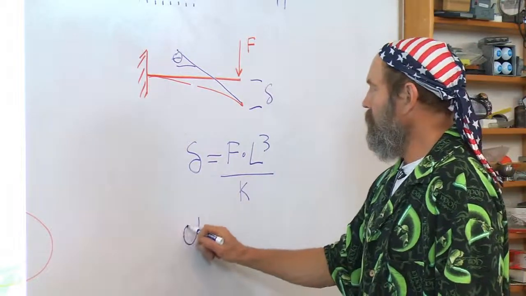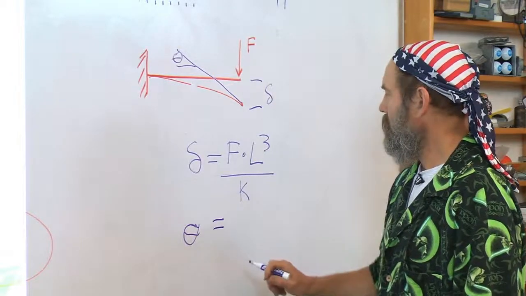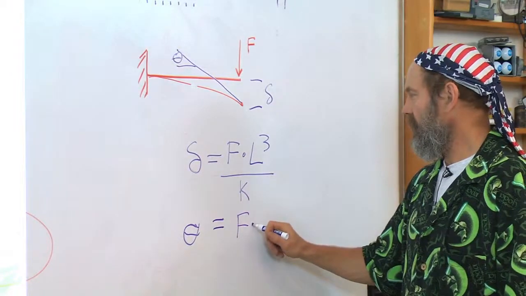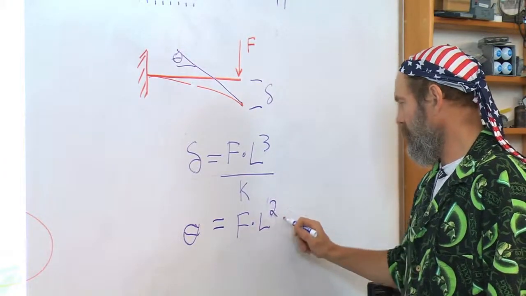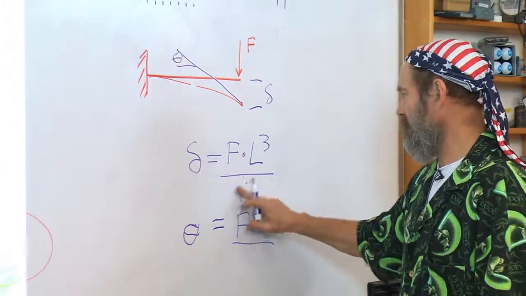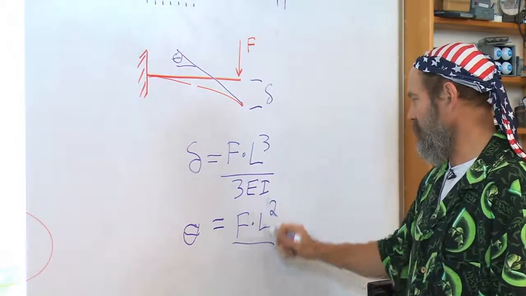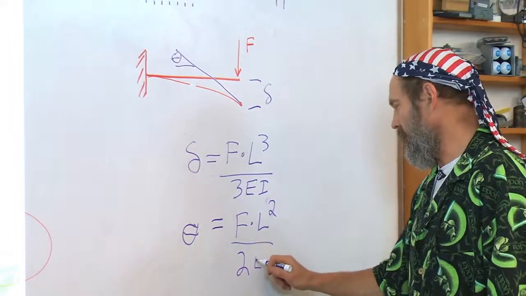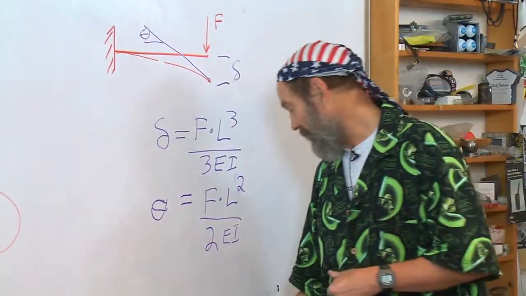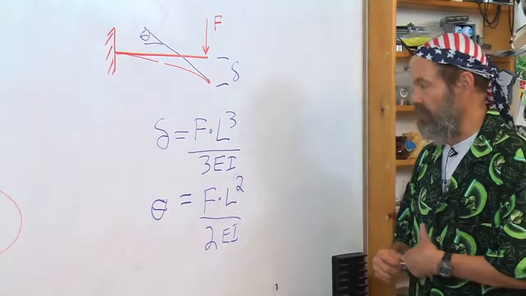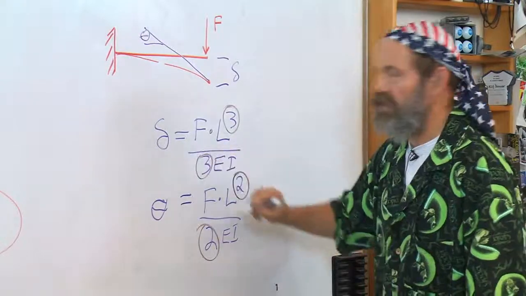The slope, theta, equals the force times the length squared over, actually let's give you the whole thing, 3 times the modulus of elasticity times the moment of inertia, 2 EI. This tells you there are more intelligent factors in the universe than your average Cocker Spaniel, because 2, 2, 3, 3. It's really beautiful.